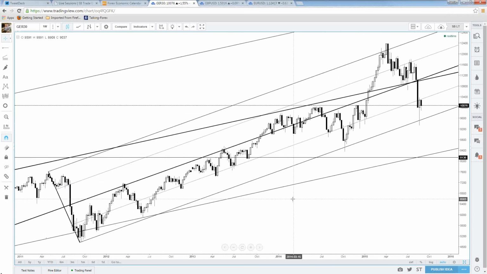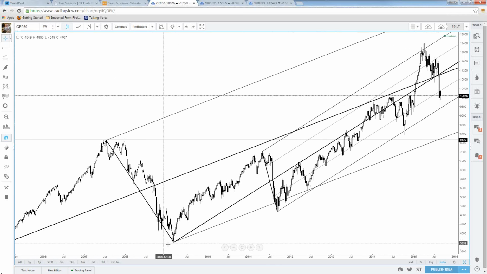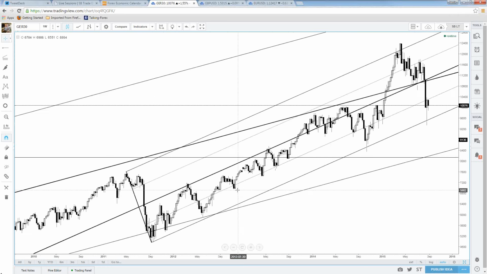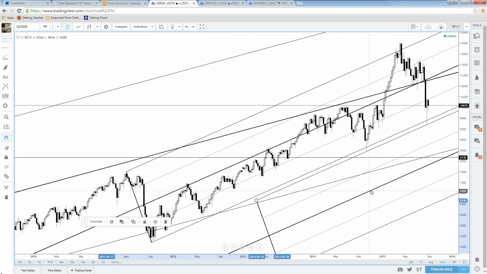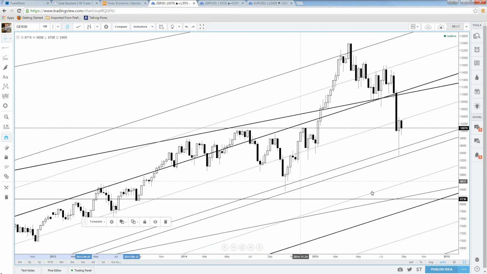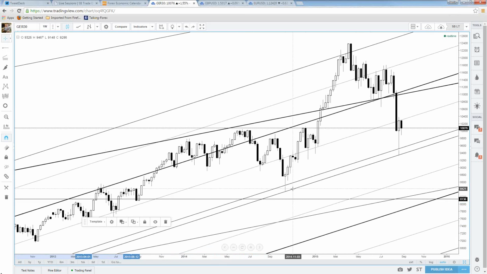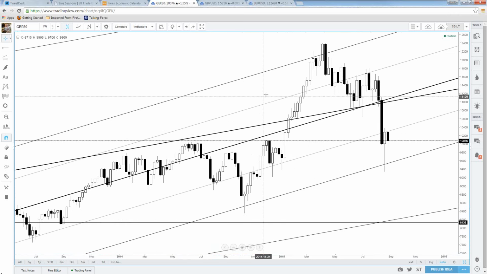Not even getting rid of, just looking at the structure from the 2009 low. If we put a parallel down here, look at that. That was the support right there, right? Boom, boom.